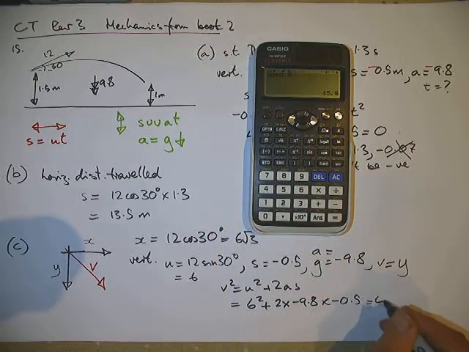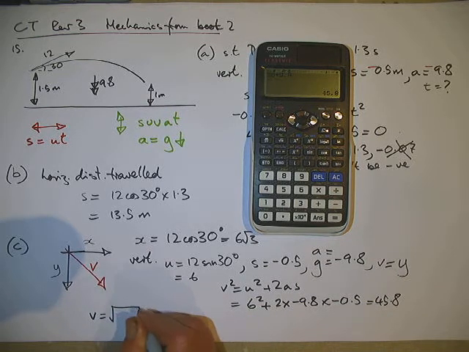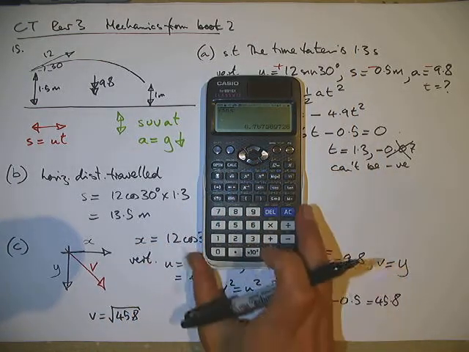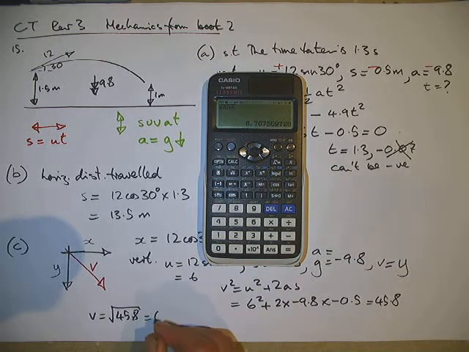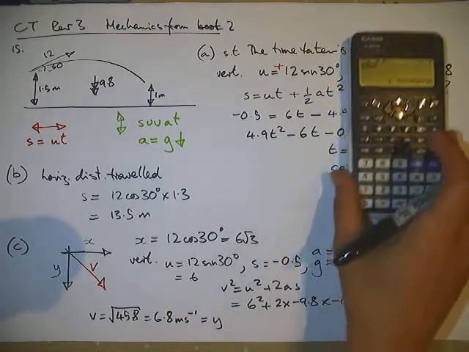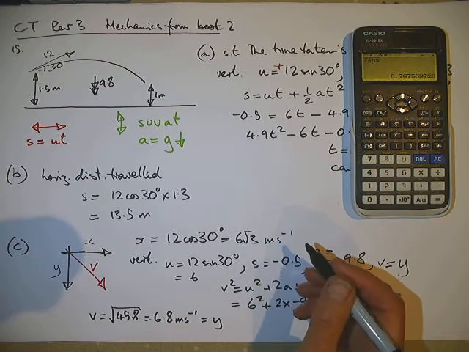45.8, which means V is root 45.8, which equals 6.8, and that's the y value. So why have we worked that out? Part C wanted the speed.